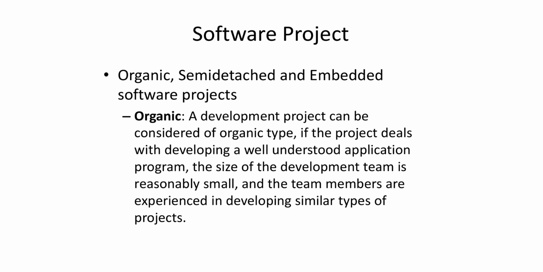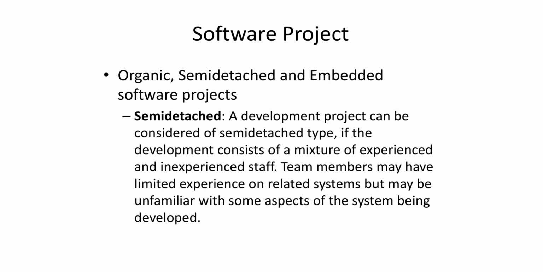Whenever I have such a scenario, I will consider this an organic project. On the other hand, if the development consists of a mixture of experienced and inexperienced staff, and the team members may have limited experience on related systems but may be unfamiliar with some aspects of the system being developed.